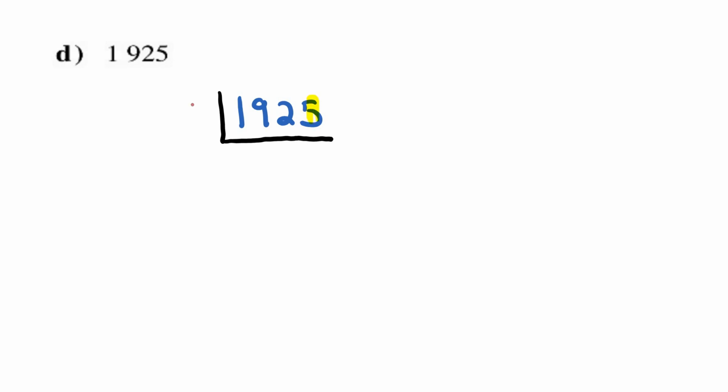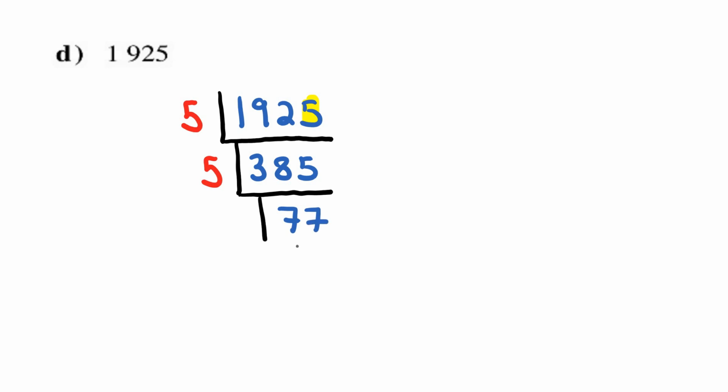Since there's a 5 here, I'll start by dividing this whole number by 5. 1,925 divided by 5, I'm going to use my calculator here, and I get 385. Then the question is, can I think of a number that divides into 385? Well, let's use 5 again. So 385 divided by 5 is going to be 77.